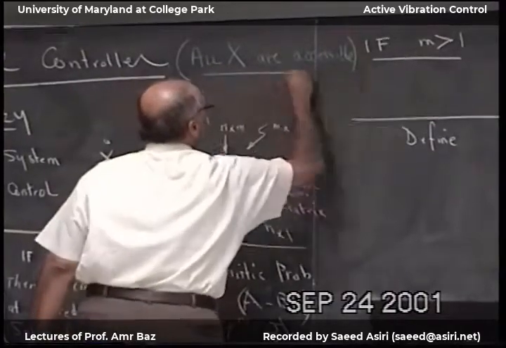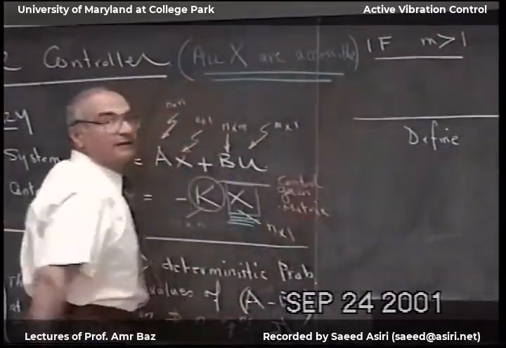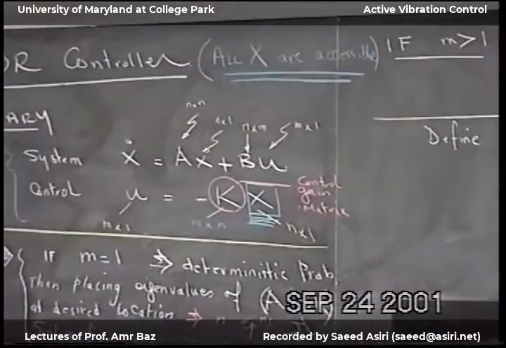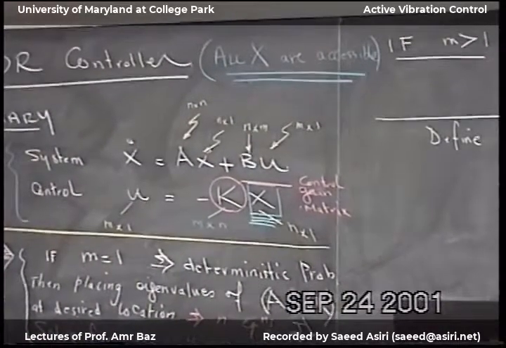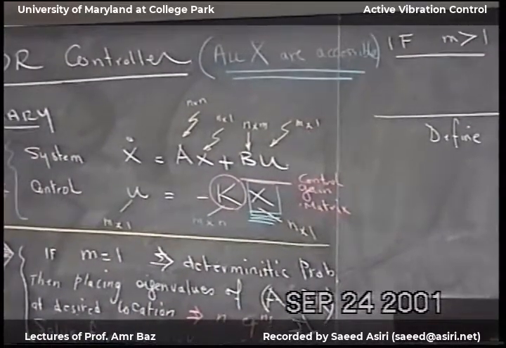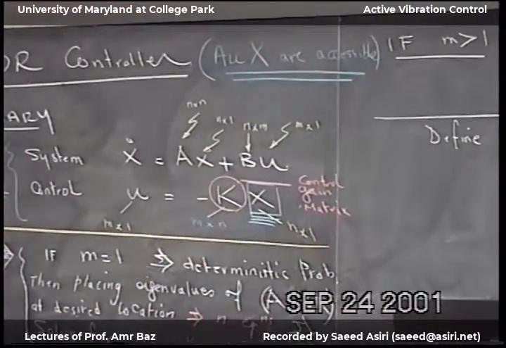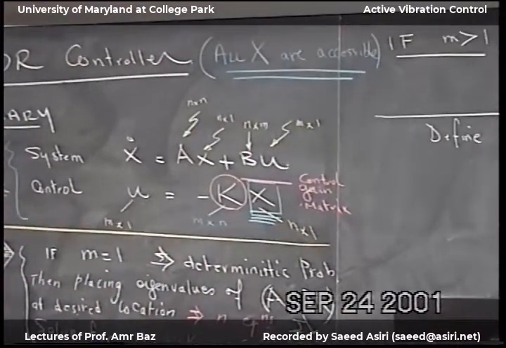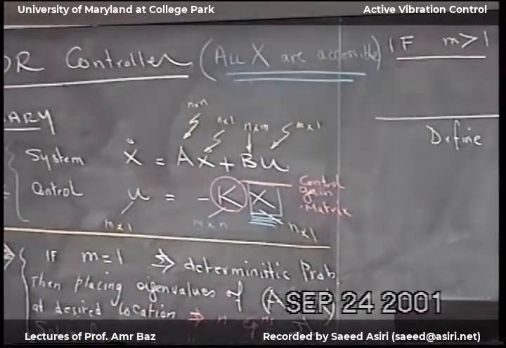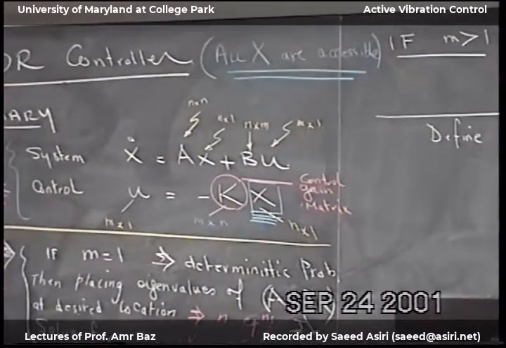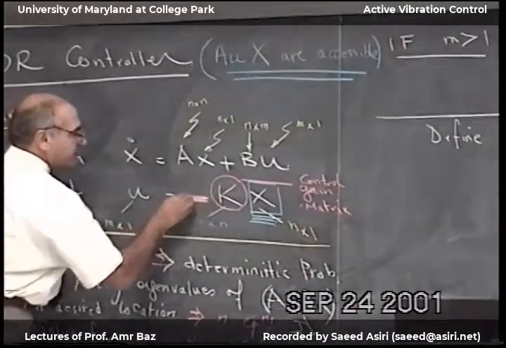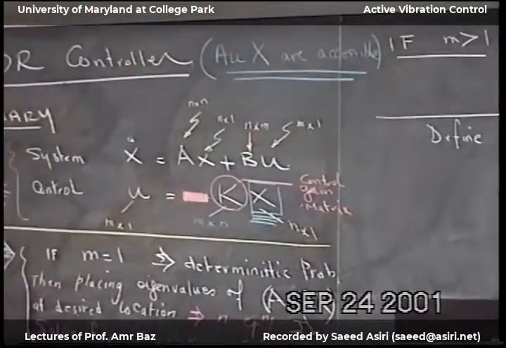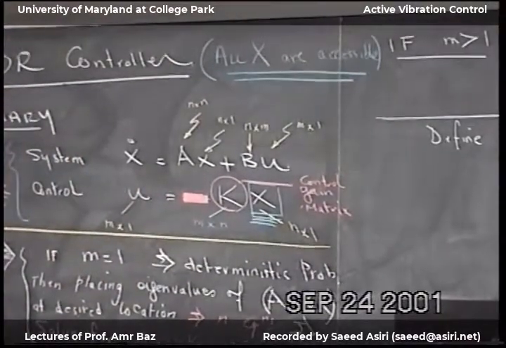The entire state vector is accessible. And this controller is called full state feedback. And the feedback is because of this sign. I'm feeding this negatively back.